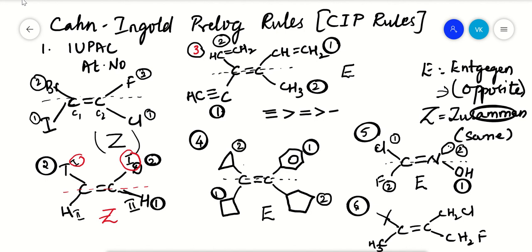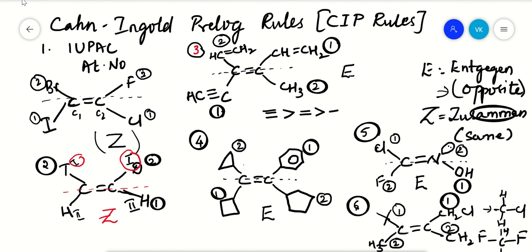Now, which is given more preference on this side of this carbon? Both are carbons only. You need to take the second atom, the next atom attached to the present carbon. So here what you get is C with two hydrogens and then chlorine, right? And here you have C with two hydrogens and fluorine, right? Here carbon is attached to chlorine, so this is given more preference than this. Whereas on this carbon, this is given more preference than the other carbon.